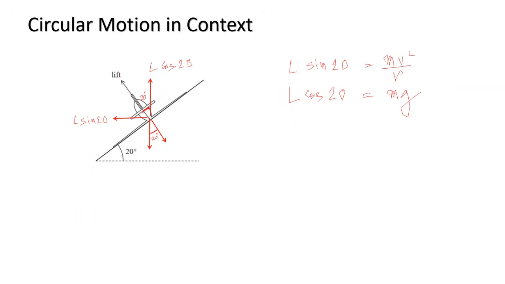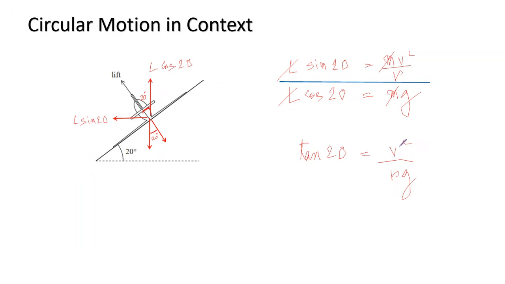And you can do some basic trigonometry and algebraic things here. You can cancel out the two L's if you divide equation 1 by 2, and you can clearly see the m's get cancelled out anyway, and sine 20 by cos 20 gets you tan 20 equals v square by rg.